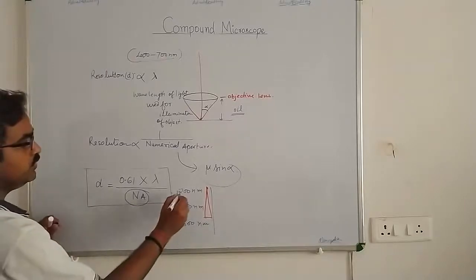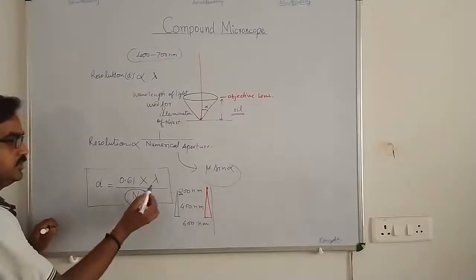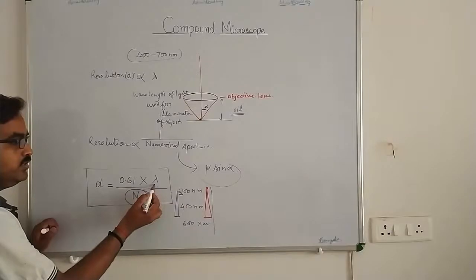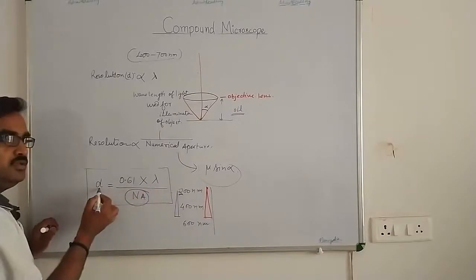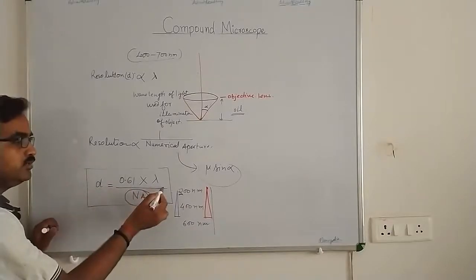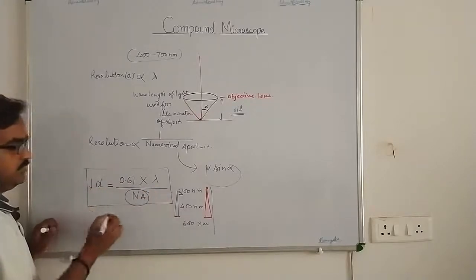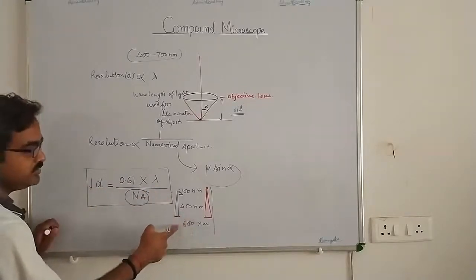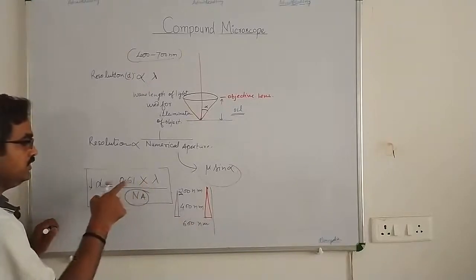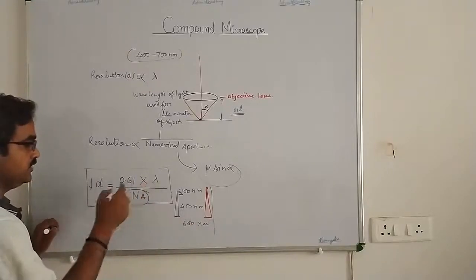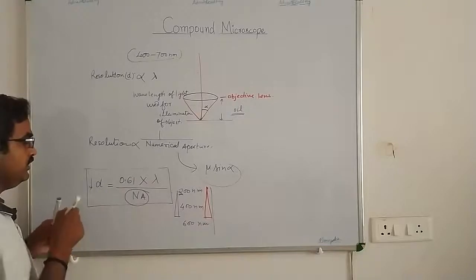Suppose I am using 200 nanometers, then d will be multiplied with 200 nanometers, so d will be less. But if I am using 600 nanometers, then d will be multiplied by 600 nanometers, so d will be high.